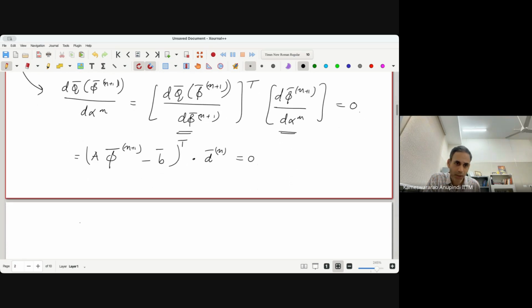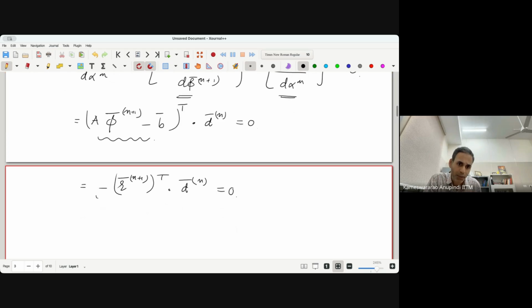So this is what we have. What is A φ̄n+1 minus b̄? It is nothing but minus of b̄ minus A φ̄n+1, which is the residual at the level n+1, transposed, times d̄n equal to 0. The minus I can ignore and send to the right-hand side. So this is r̄n+1 transpose d̄n equal to 0.